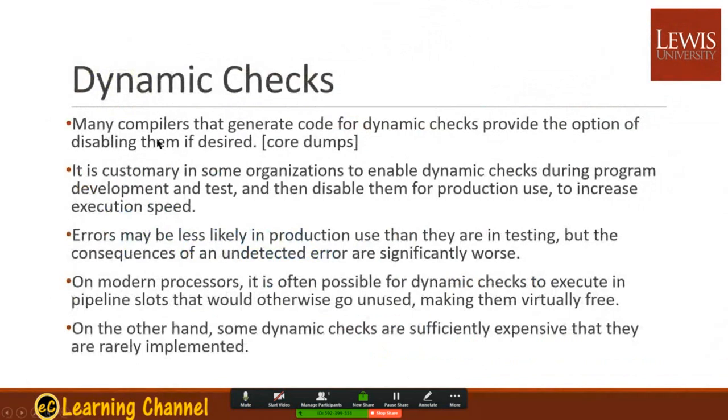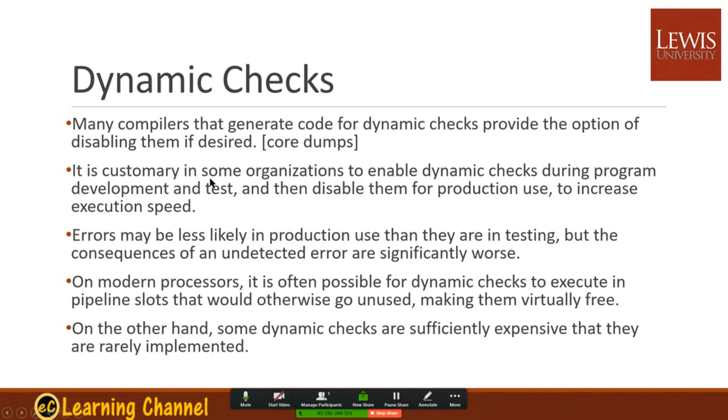Dynamic checks. Many compilers generate code for dynamic checking. So even though we do not have the possibility to prevent or figure out the error before runtime, we certainly are able to generate code to check whether there is a runtime problem or not. So we can provide a core dump, we can provide an exception.